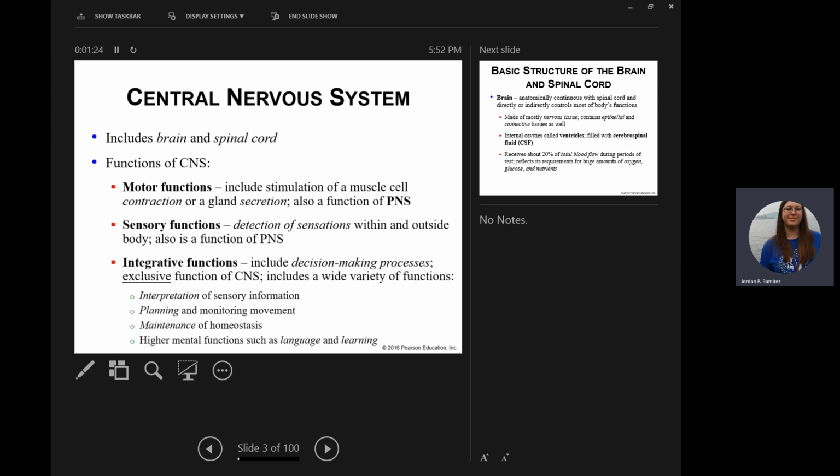Sensory functions, essentially detecting sensations within and outside the body, are also a function of the peripheral nervous system. And then integrative functions. This is an exclusive function of the central nervous system. Highlight that. This includes decision-making processes. So, for example, interpretation of sensory information, planning and monitoring movement, maintaining homeostasis, which is critical, and higher mental functions such as language, learning, cognition, emotion, those kinds of things.